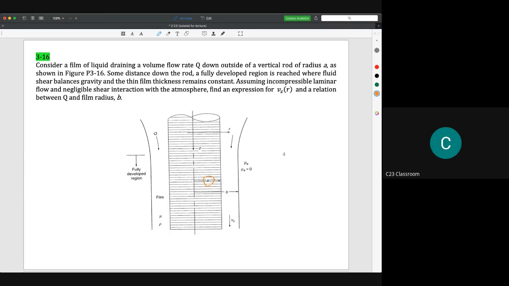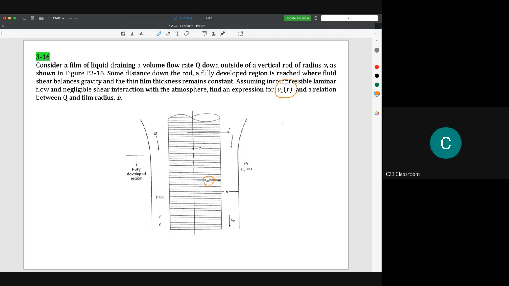Some distance down the rod, a fully developed region is reached where fluid shear balances gravity and the thin film thickness remains constant. Assuming incompressible laminar flow and negligible shear interaction with the atmosphere, find an expression for Vz(r) and a relation between Q and film radius b.